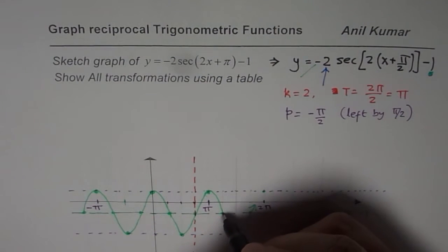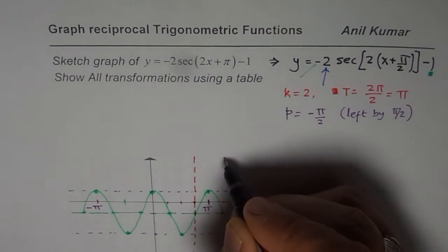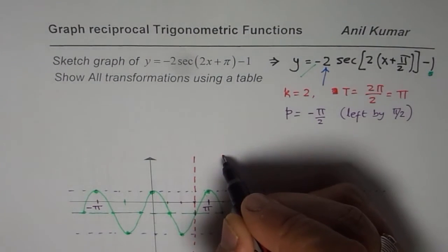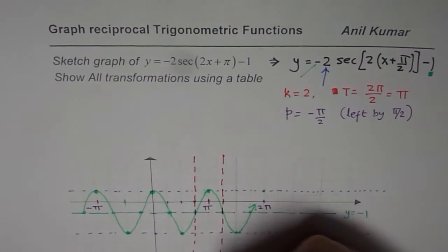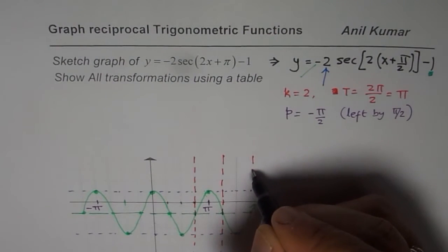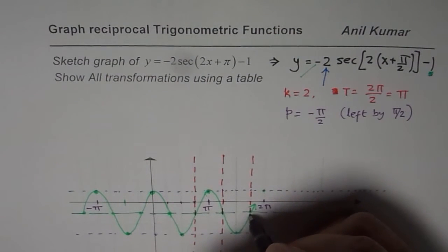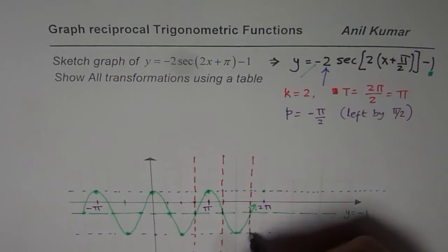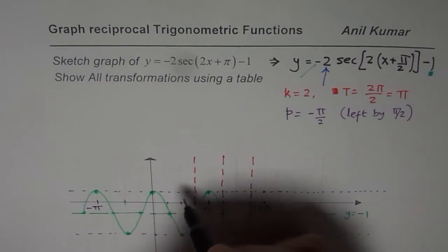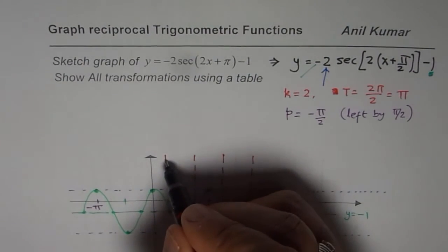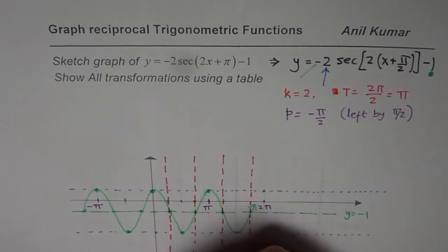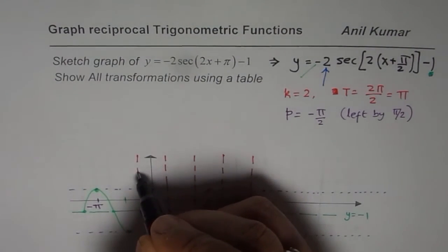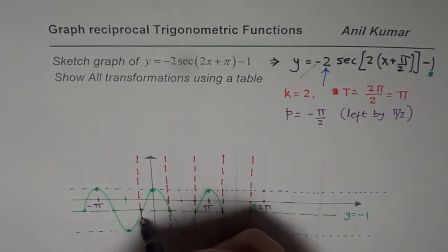So these points could be here before horizontal translation. So they will become zeros for your secant function, right? So these zeros, as you can see, are spaced pi by 2 units away. So these are the zeros for the secant function.